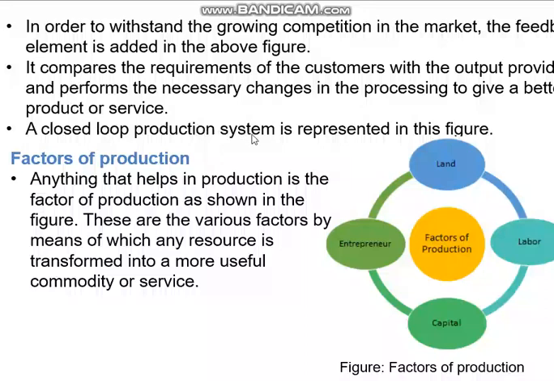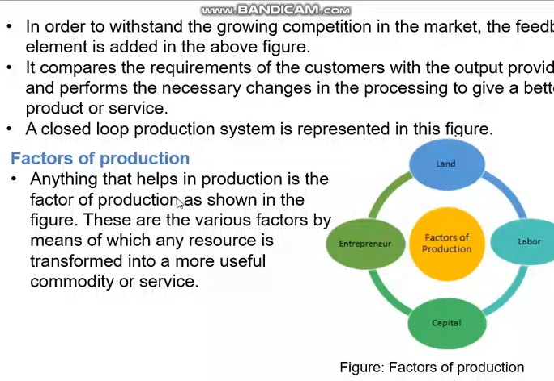Now, a closed loop production system is represented in the figure that we showed you before. Now let us see the factors of production. Here a figure is given. At the center, in yellow, we see factors of production, and all around it we have the factors which are responsible for this production.